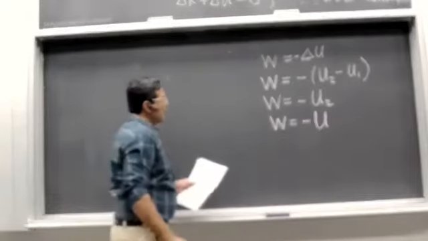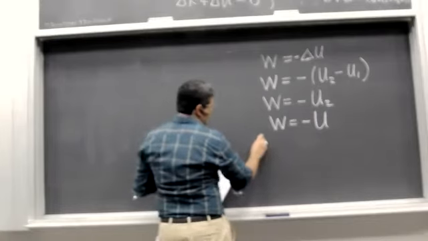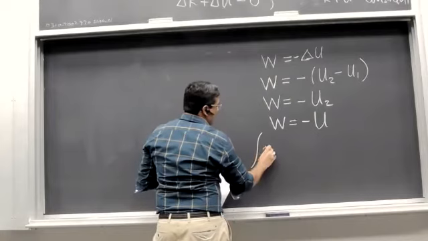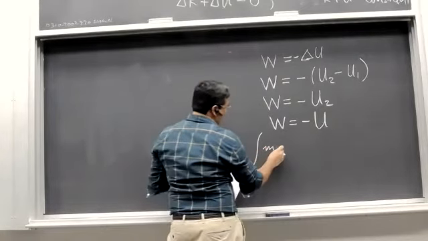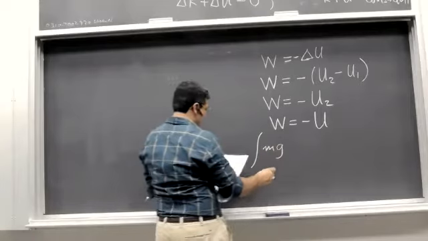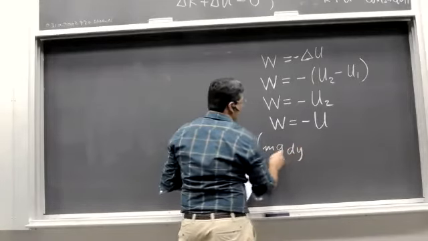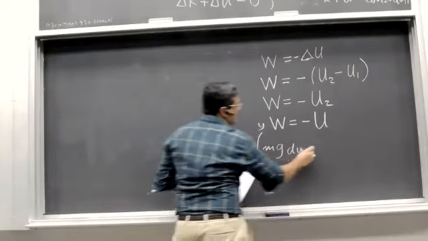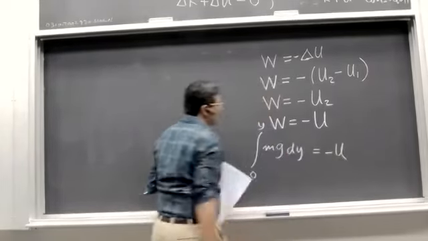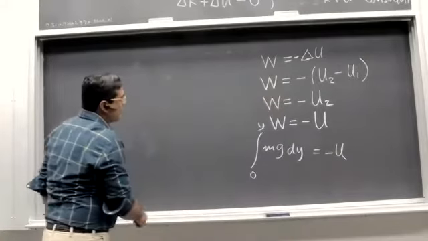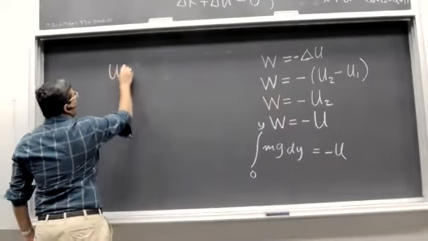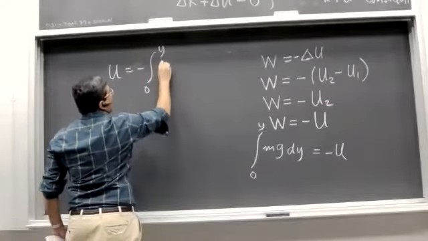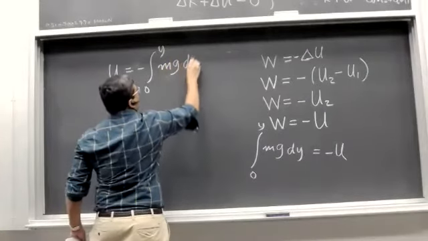So now we know that work is this. I'm considering the case of gravity, but you can consider any force. Force times the distance from 0 to y is equal to minus U. Or I can just invert this equation and write U is equal to minus the integral from 0 to y of mg dy.